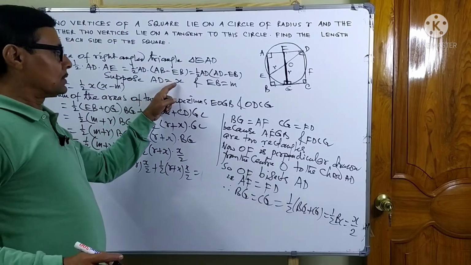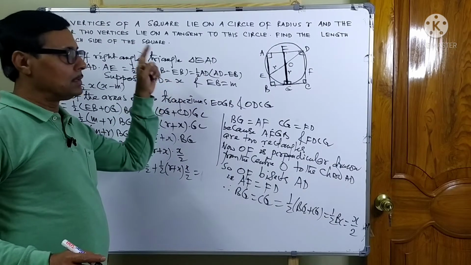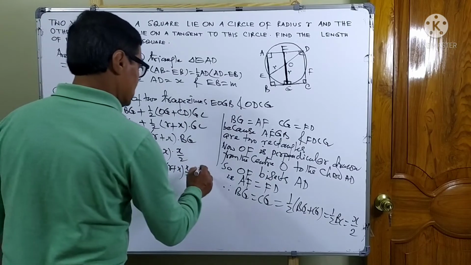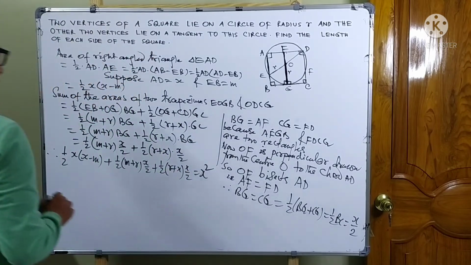Side length of the square is considered as x. So, area of the square is x square.